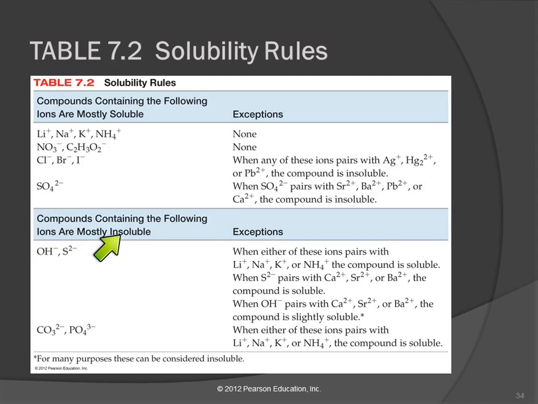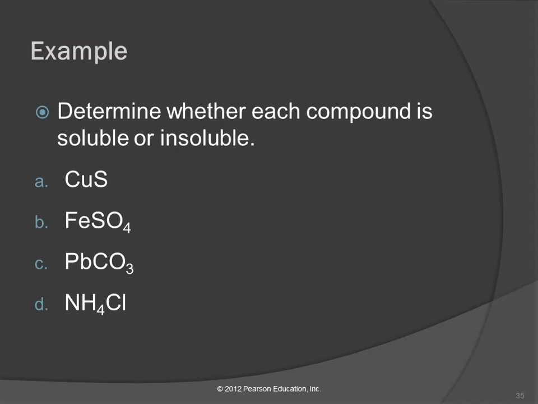Sulfide compounds are mostly insoluble, except when sulfide pairs with calcium, strontium, or barium, or we've got these guys. It's not one of the exceptions. So then copper 2 sulfide is what? Insoluble. So this is insoluble. I'm going to put I for insoluble. And I have to adjust the width again because that's too skinny. Insoluble.